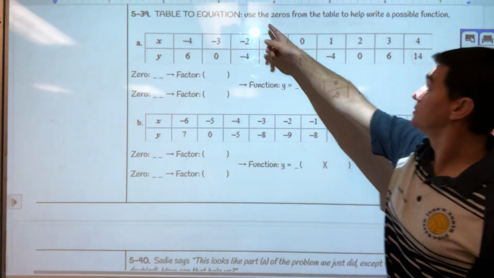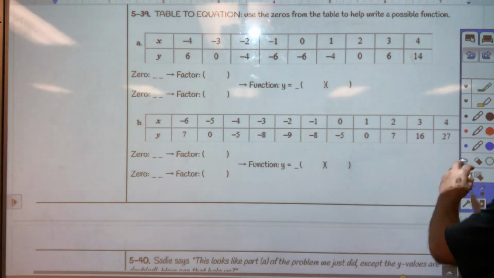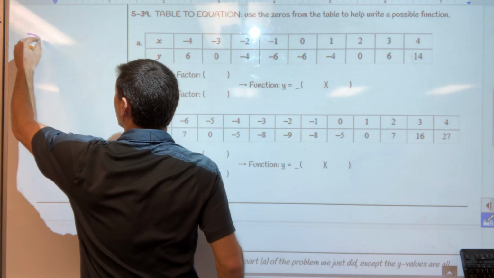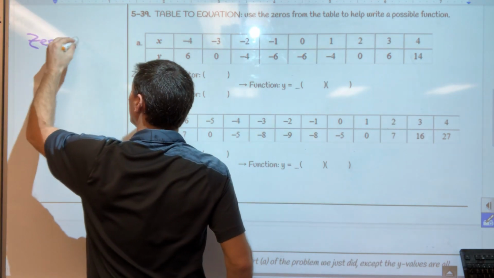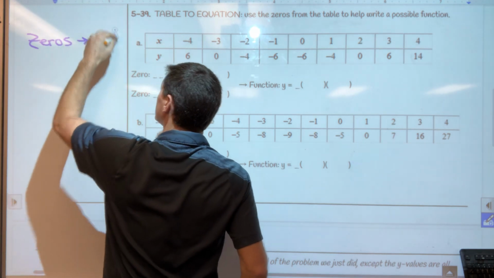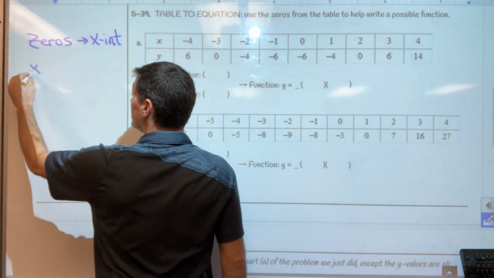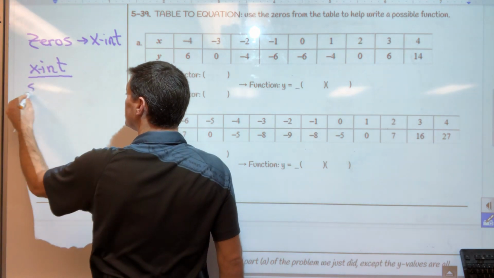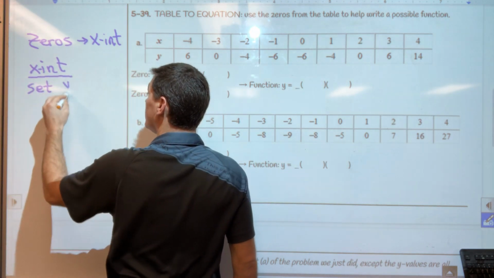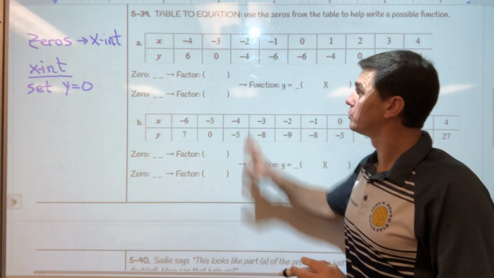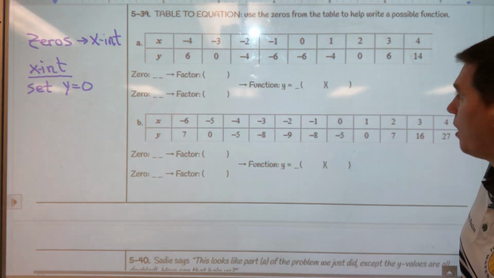All right, use the zeros from the table to help write a possible function. And I want to remind you that zeros are another word for x-intercepts. And for your x-intercepts, we know that we have to set y equal to 0. Okay, so when we look at our table, where are the x-intercepts?